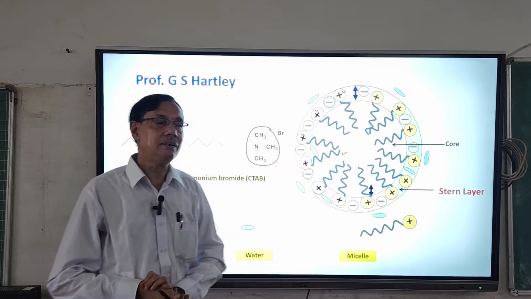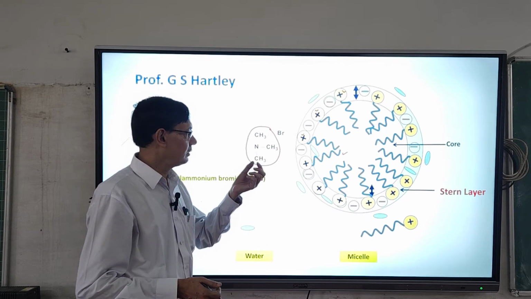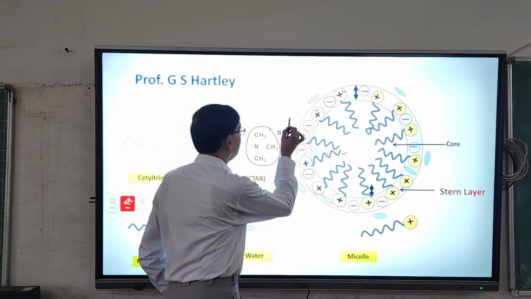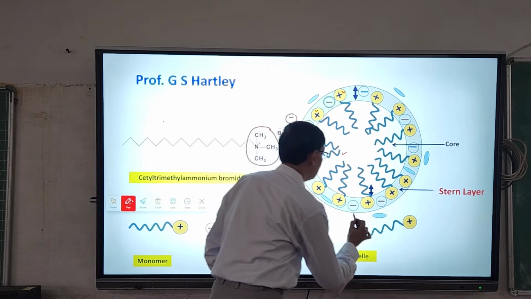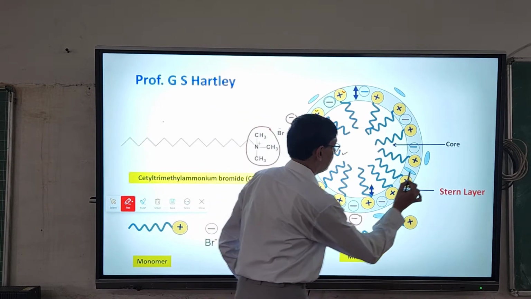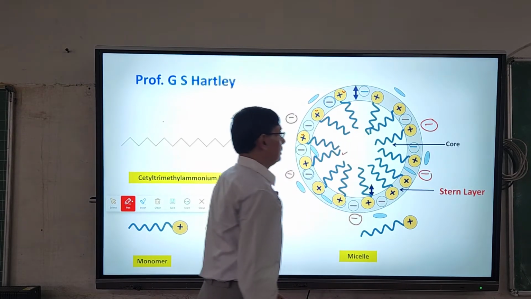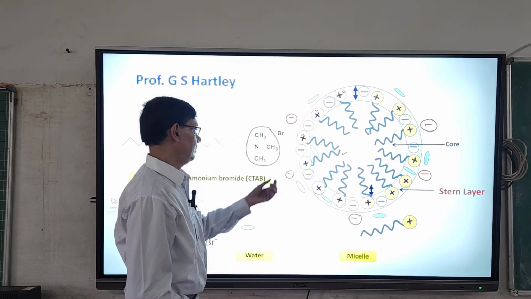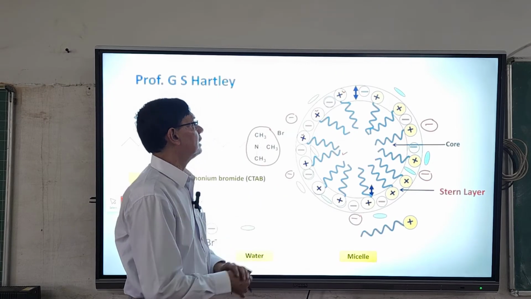So we have to calculate the actual number of counter ions bound, as there is a possibility that some scattered counter ions are also there. That is called the unbound type of counter ion. So it is very important to calculate the bound fraction, and it is related to the micelle formation.